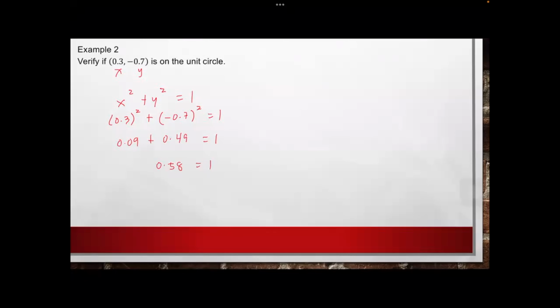They are not equal, so therefore, not on the unit circle. Again, when it equals 1, it is on the unit circle. When it is not equal, it is not on the unit circle. That is the difference. Question?